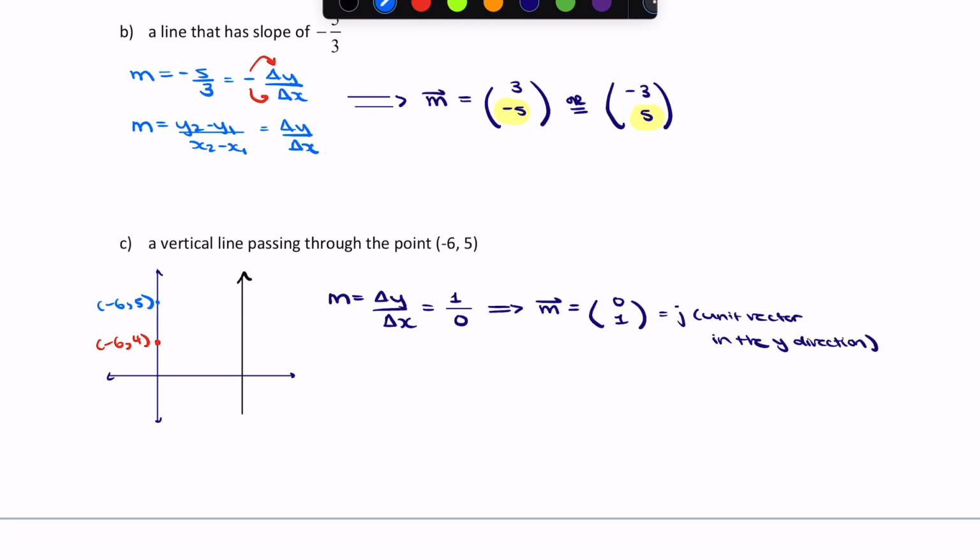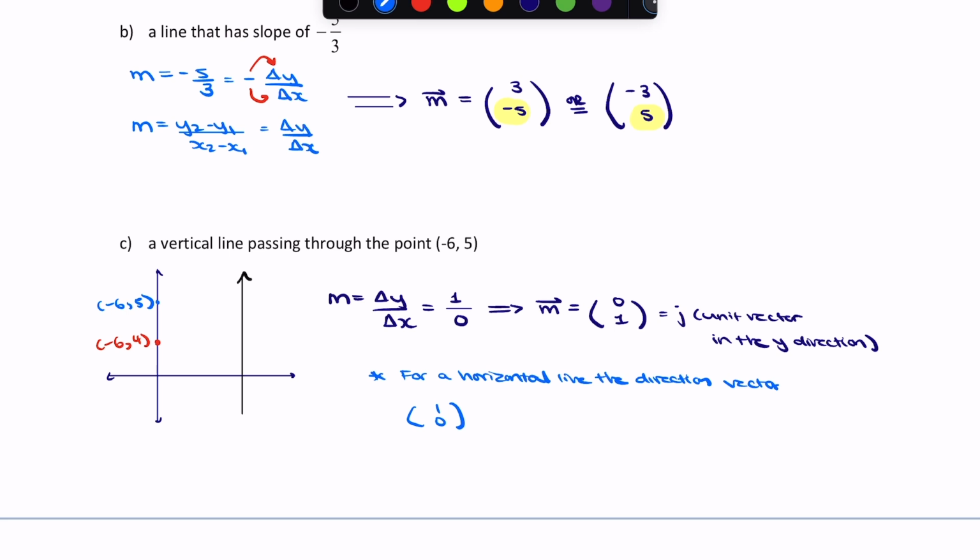So here it's important to see that for a horizontal line, the direction vector would be 1 and 0. So for the vertical line, it's 0 and 1.